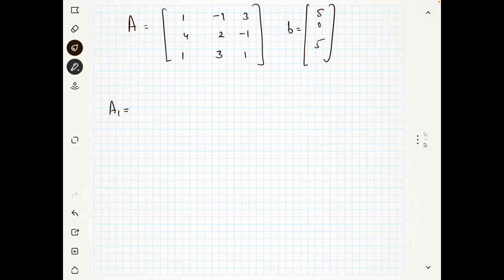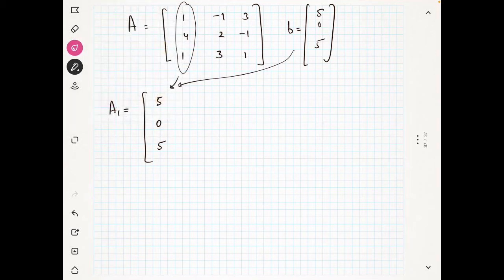A1 is actually used to find x1, and you know that x1 is coming in the first position. So in the first position, instead of x1, I will write my 5, 0, 5. You see here I am writing my B here in the first position, and the remaining things will be same.